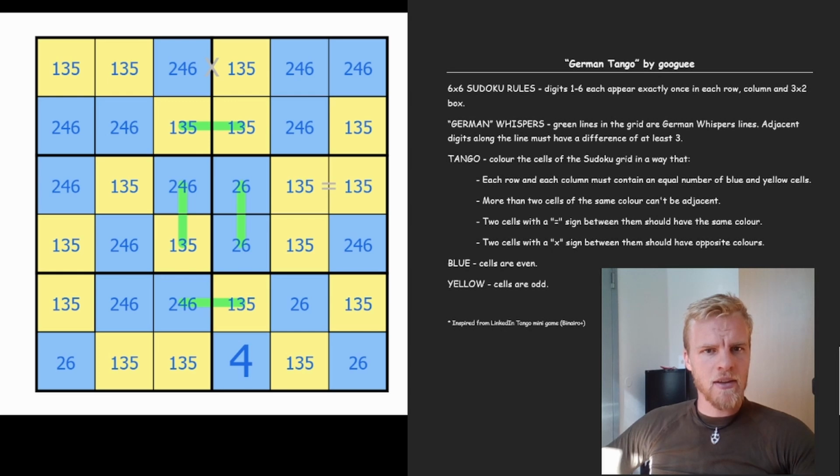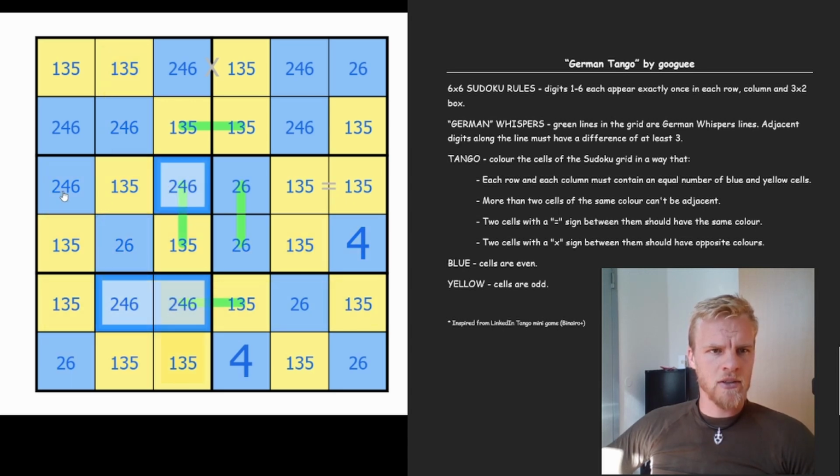So I think that now Sudoku and later the German whispers will help. To right hand side, to not in the middle.